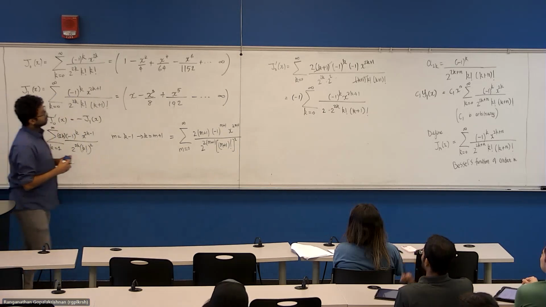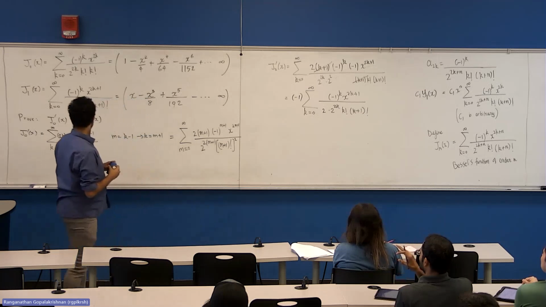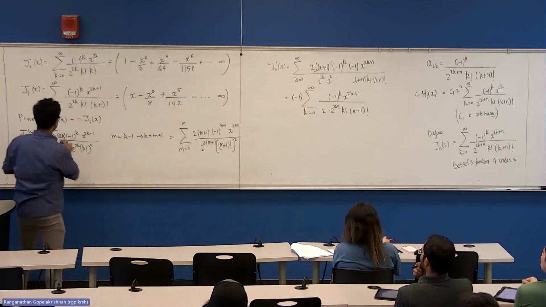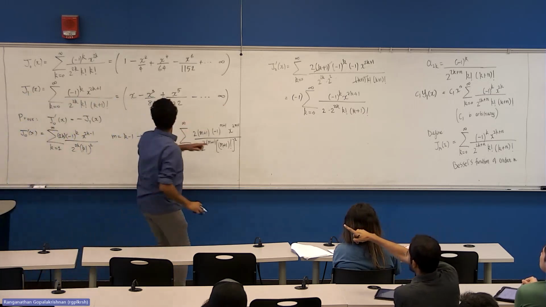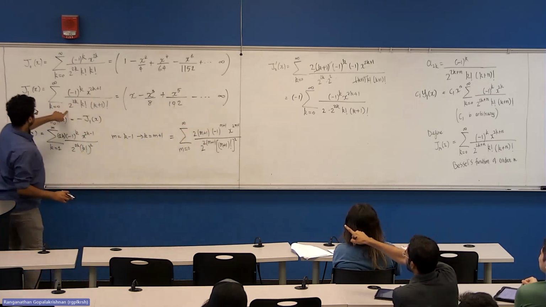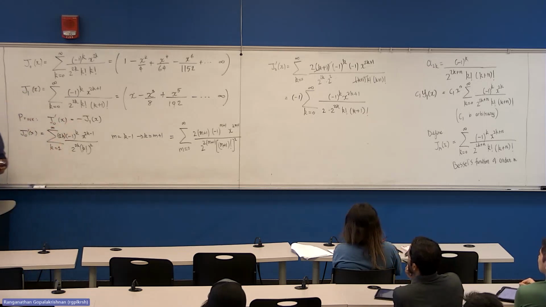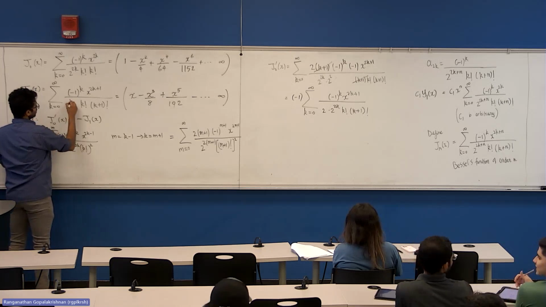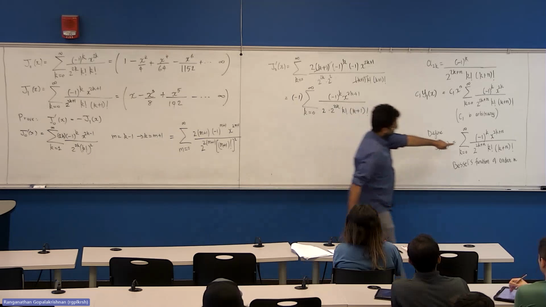Now J1 of x, the second equation, has denominator 2 to the power 2k plus 1. Oh yeah, we have an n here, right? Remember, we have a 2k plus n here.